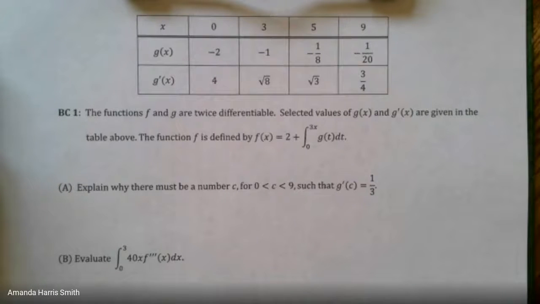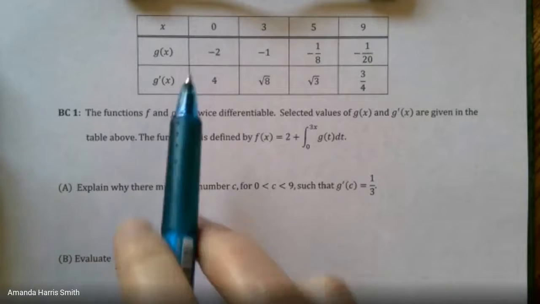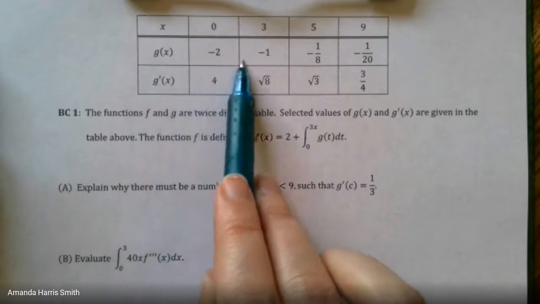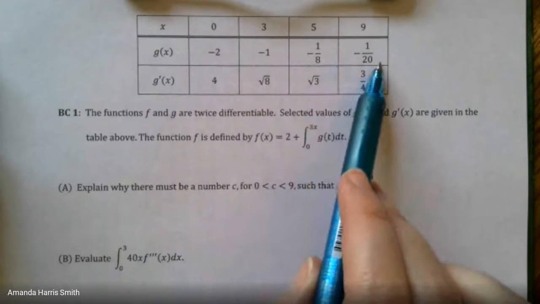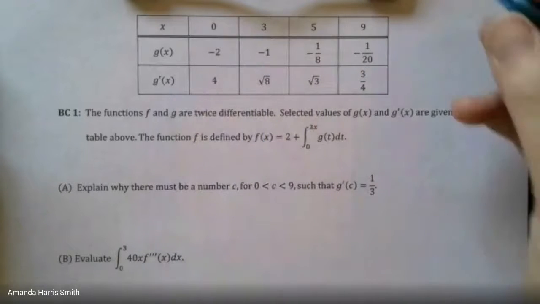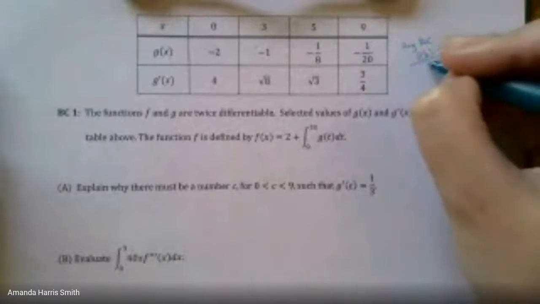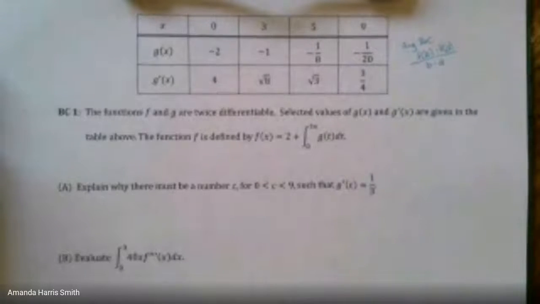So then we try to use MVT instead. MVT is the mean value theorem, mean like an average. For that, we're actually going to be using the g of x row, because the average rate of change is a formula you have been using since seventh grade: y2 minus y1 over x2 minus x1.